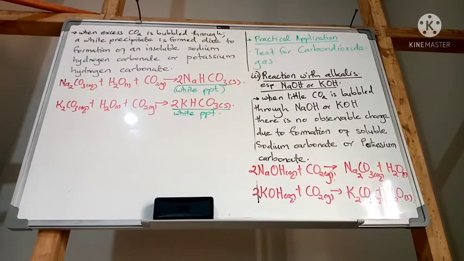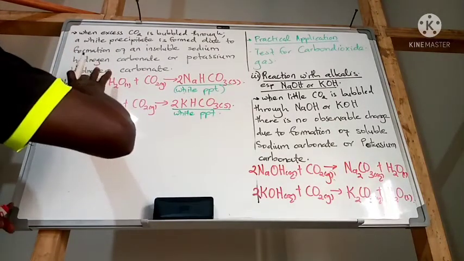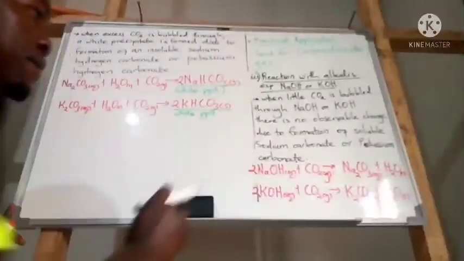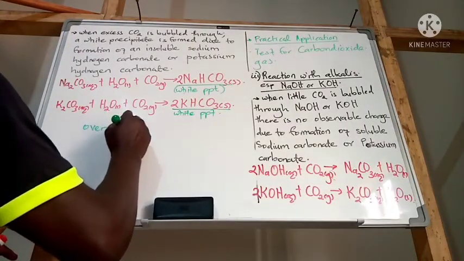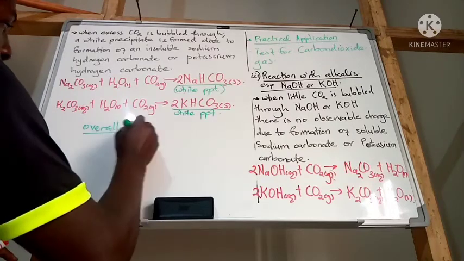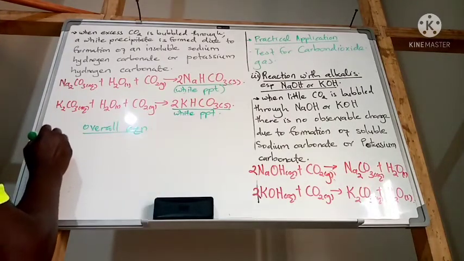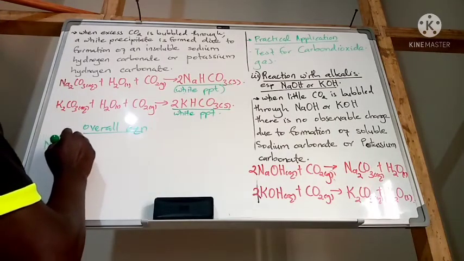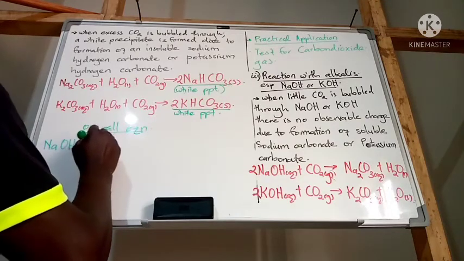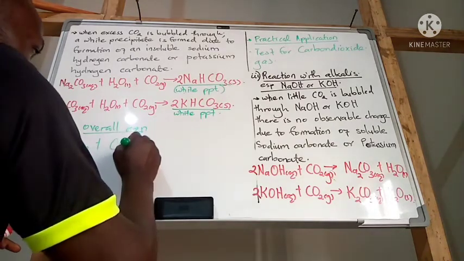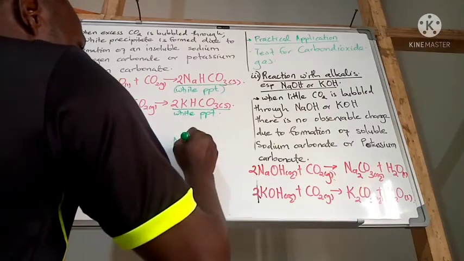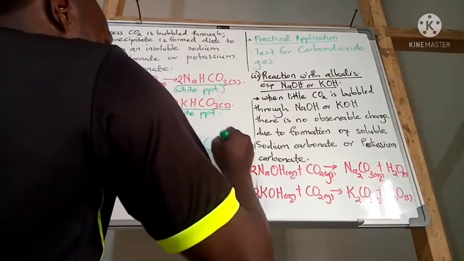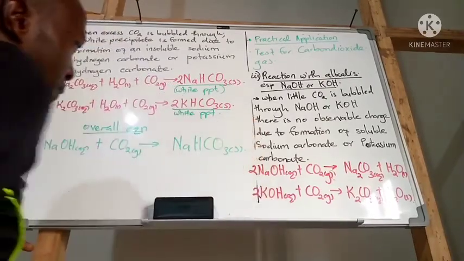Sometimes the two equations, this category and this category, can be combined in one overall equation where I have sodium hydroxide aqueous reacting with carbon dioxide gas, directly giving us sodium hydrogen carbonate, which is a solid.